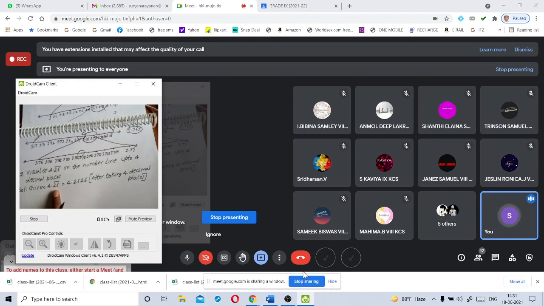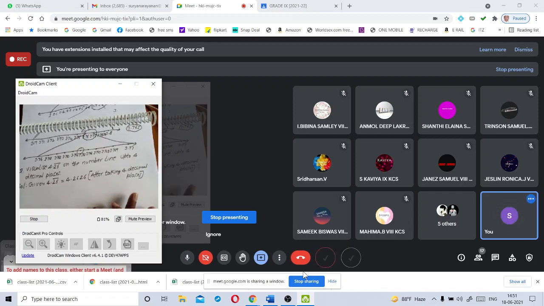I have expanded this one, and because this is a non-terminating recurring decimal number, we could write 26 infinitely many times, but here only 4 decimal places are required. So I have stopped at 4.2626. Understood this number, my dear children?